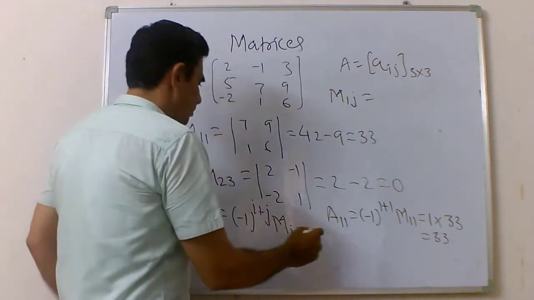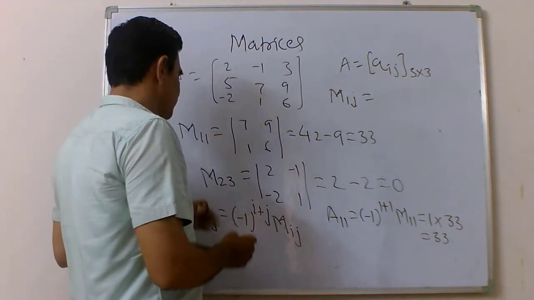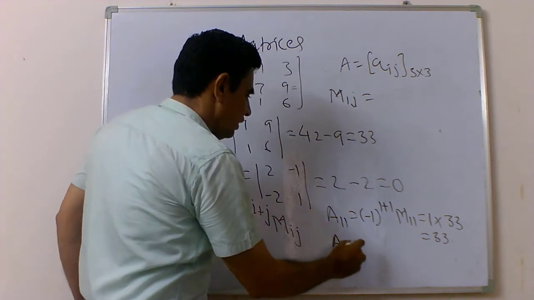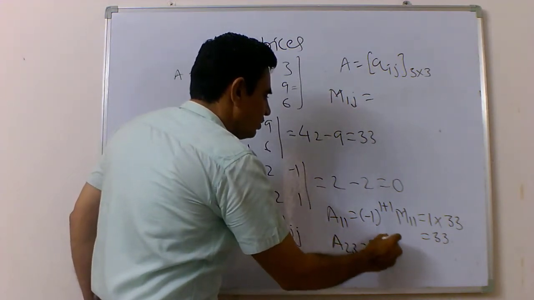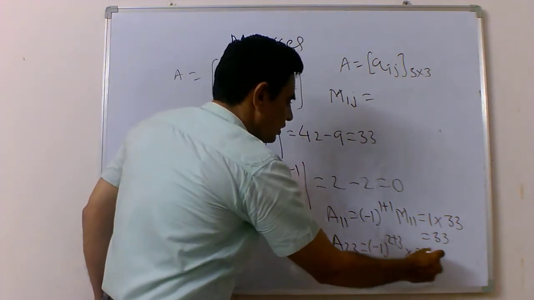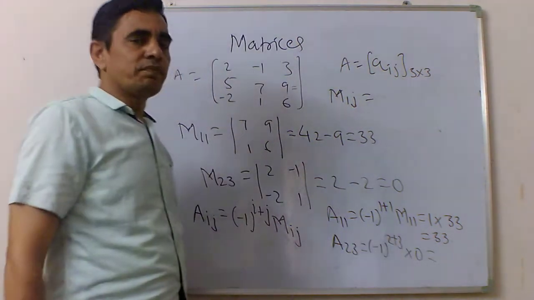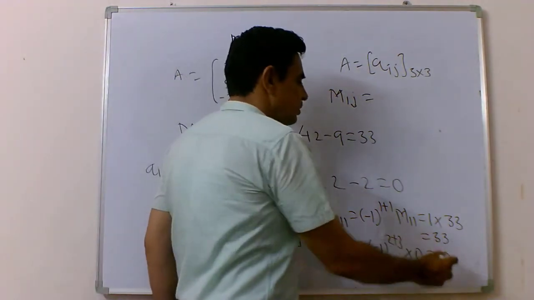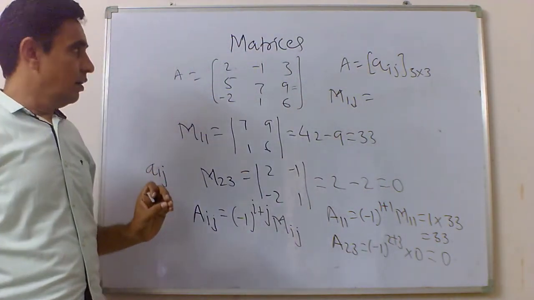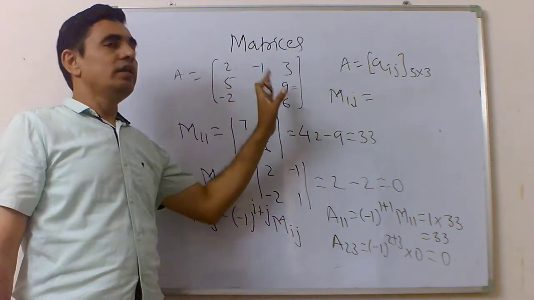Similarly, we can find the cofactor of the element in the second row third column, that is 9. It is denoted by A23, (-1) raised to power 2 plus 3 into 0. That is equal to (-1) raised to power 5, minus 1 into 0, and it is 0. In this way, we obtain 9 cofactors for 9 elements.